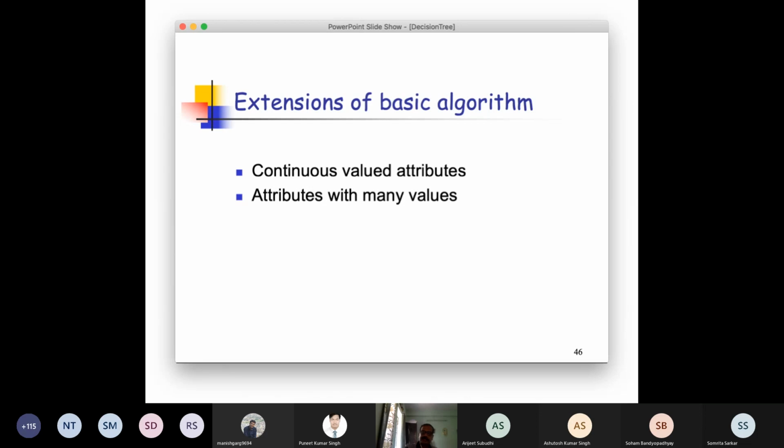Even if it is discrete, there may be too many discrete values. Now you need to do something more, because attributes which have a larger number of values will be preferred. There will be a bias to choose them among the candidate sets.